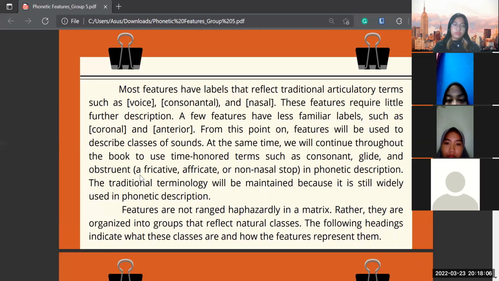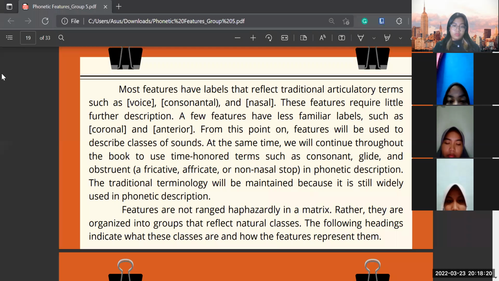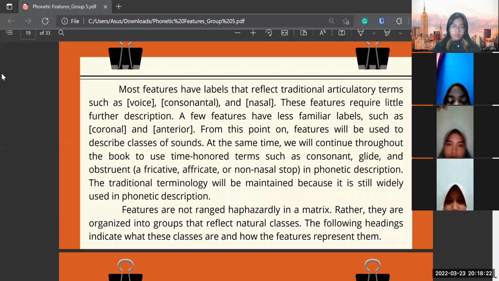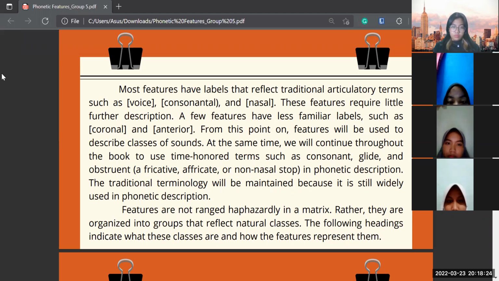From this point, features will be used to describe classes of sounds. At the same time, we will continue throughout the book to use time-honored terms such as consonant, glide, and obstruent, affricate, or nasal stop in phonetic description.